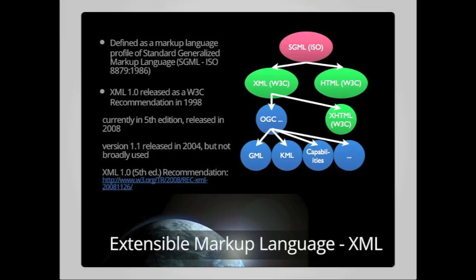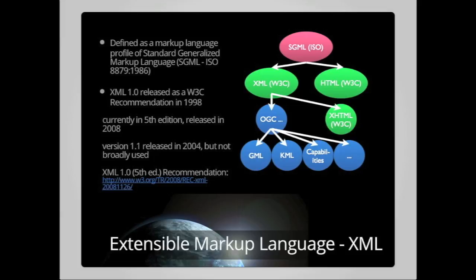Both XML and HTML are standards that have come out of the W3C, or World Wide Web Consortium. So while XML defines a general structural model, it is defined in such a way that it allows application-specific definitions of the content that would be rendered in XML.